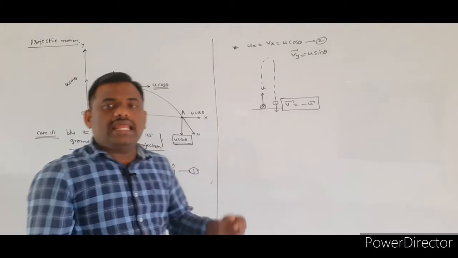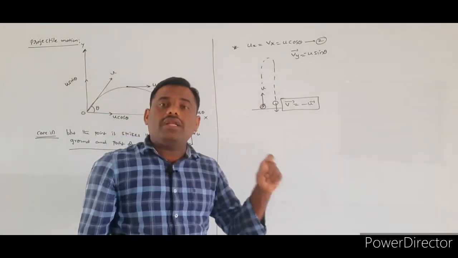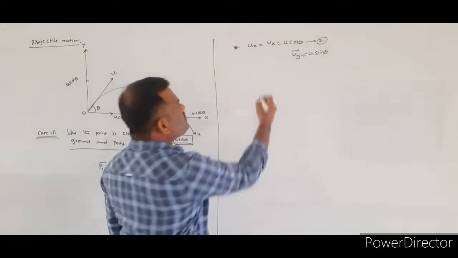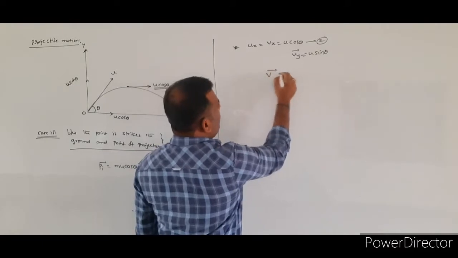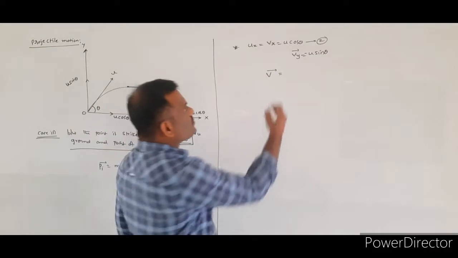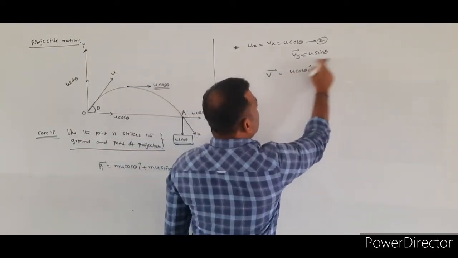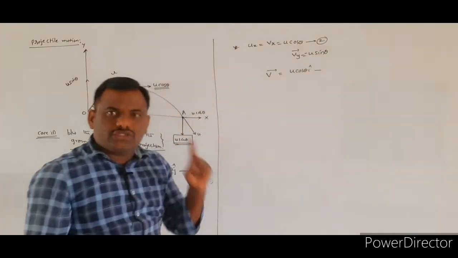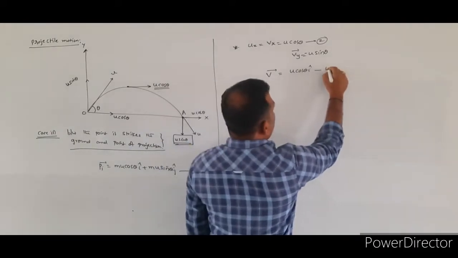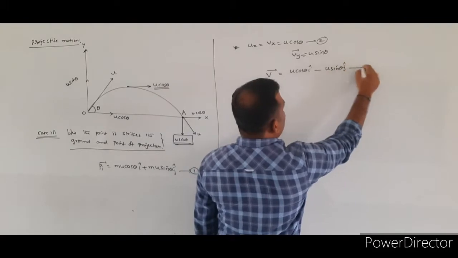So finally, how can we write the final velocity of the projectile on reaching the ground? I am taking the final velocity as v bar. The horizontal component of velocity does not change, so it will remain the same, but the vertical component of velocity has the same magnitude, but its direction is reversed, so v bar is equal to u cos theta i cap minus u sin theta j cap.